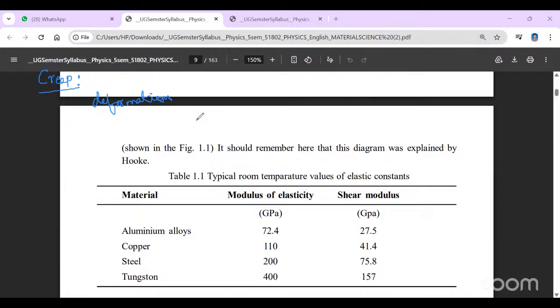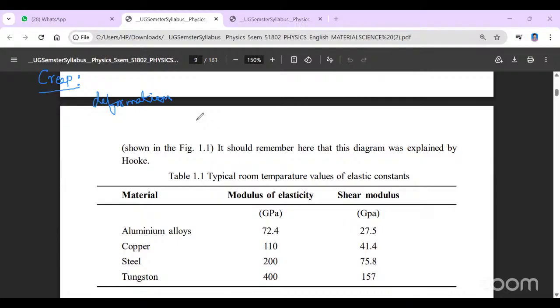And this creep is very important in the case of metals or alloys because in some technological applications or engineering structural applications, it plays a very important role.